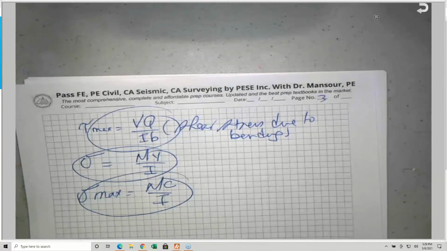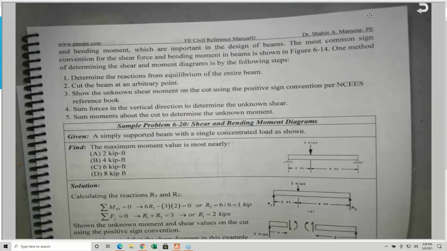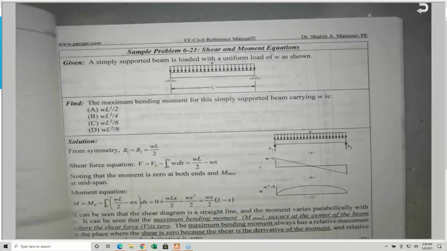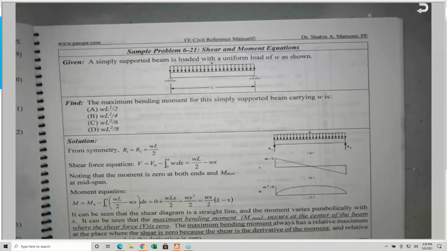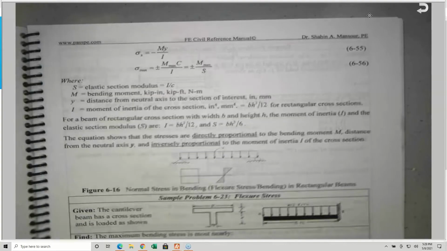Hopefully I'm using the same notations. Let me just make sure, because sometimes the NCEES uses some different kind of notation. Here they are.